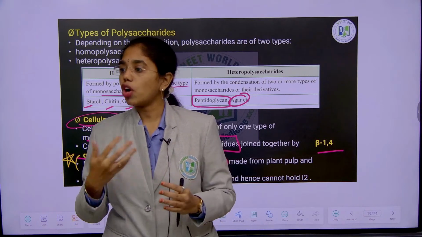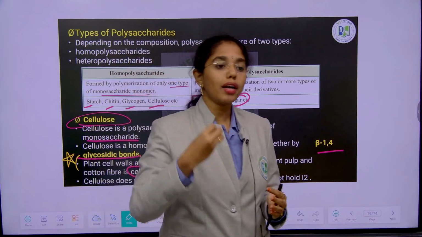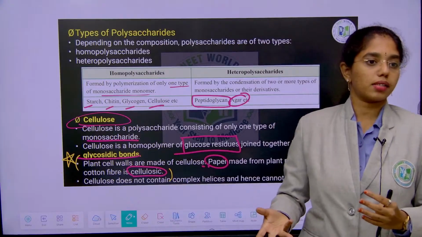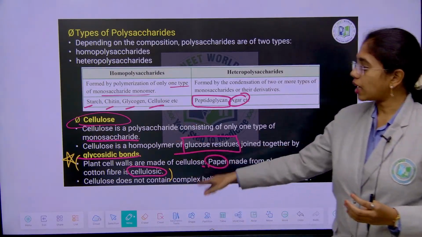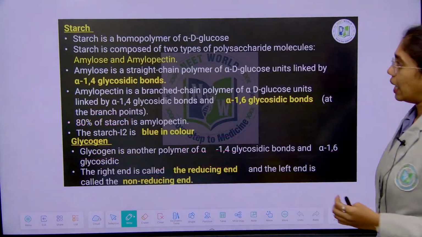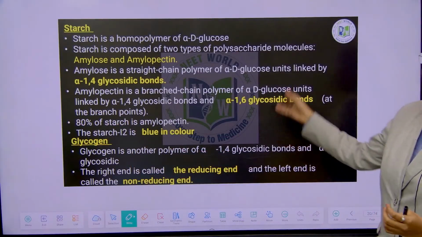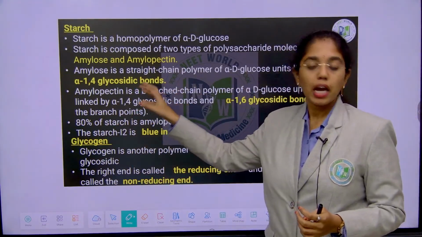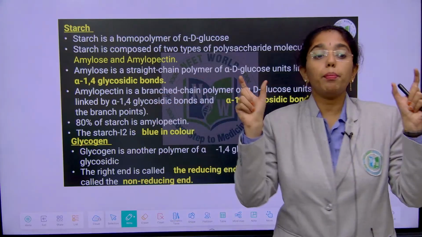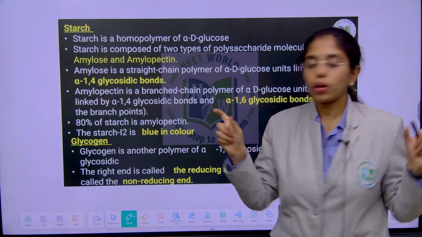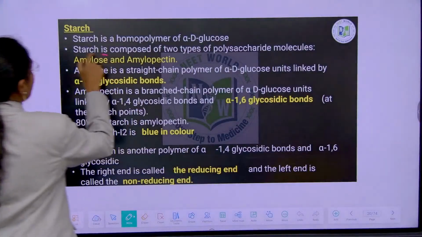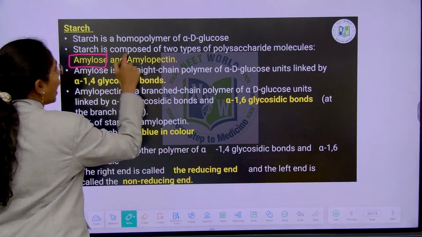So it doesn't have complex structures, so it is not forming an iodine complex. That's all, right? So these are the points you have to remember with cellulose. Next is starch. Starch is also a homopolymer. It also has glucose, but the bonding is different. Okay, the two units it is composed of are amylose and amylopectin.